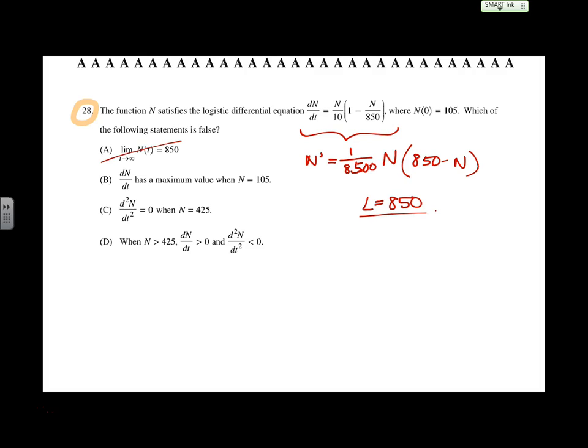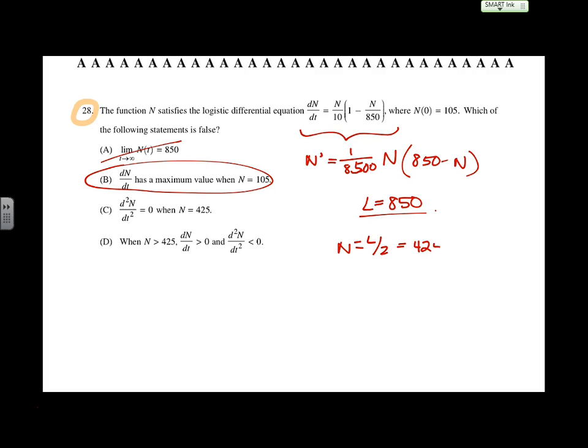So dN/dt has a maximum value. That means the rate is maximum when N equals 425, because N equals L over 2 is the max, right? Yeah.